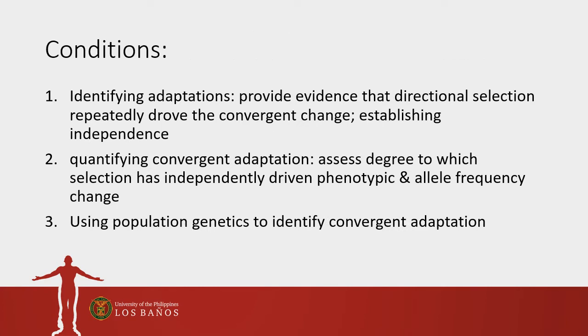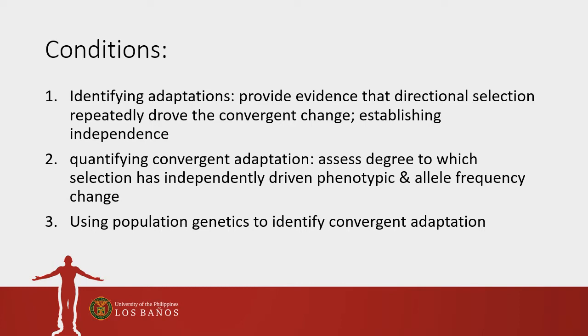In establishing a case of convergent adaptation, two main conditions must be satisfied. First, the character must be adaptive, so it has to enhance the fitness of the organisms that bear it relative to the ancestral state, and directional selection repeatedly drove the convergent state.